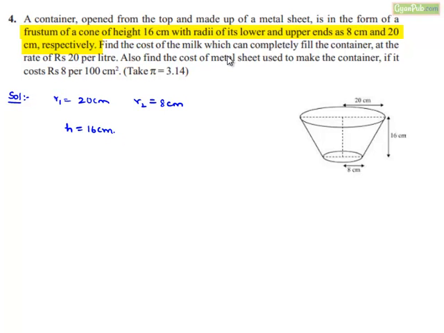Now he is asking us what is the cost of milk that can fill the complete container. So here the radius of larger circular portion is 20 centimeters and the smaller circular portion is 8 centimeters. Here the height of the frustum, that is vessel, is given as 16 centimeters.